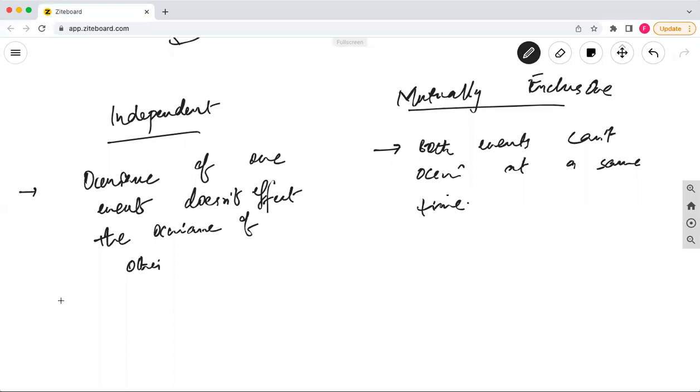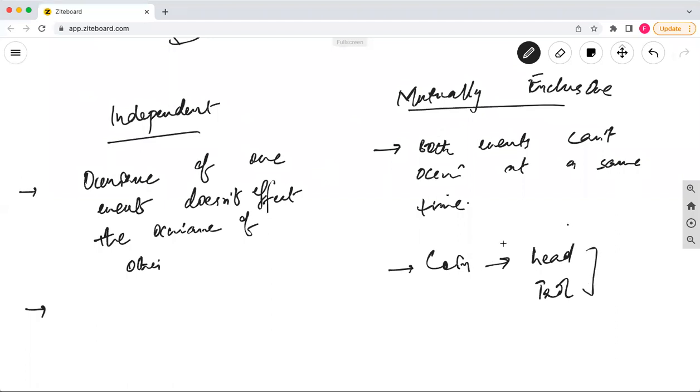And just to give an example, if we consider a single coin, whether we will get head or tail, the occurrence of one is not affecting the occurrence of the other. Oh, sorry, this is a mutually exclusive case. If I consider a coin and there are two events that could occur, head or tail, both can't occur at the same time.